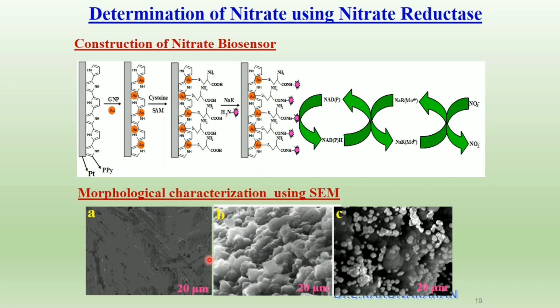Here I have shown the bare electrode and the PPY modified electrode. These are all gold nanoparticles. We deposited the gold nanoparticles on the PPY modified electrode surface to conjugate nitrate reductase.